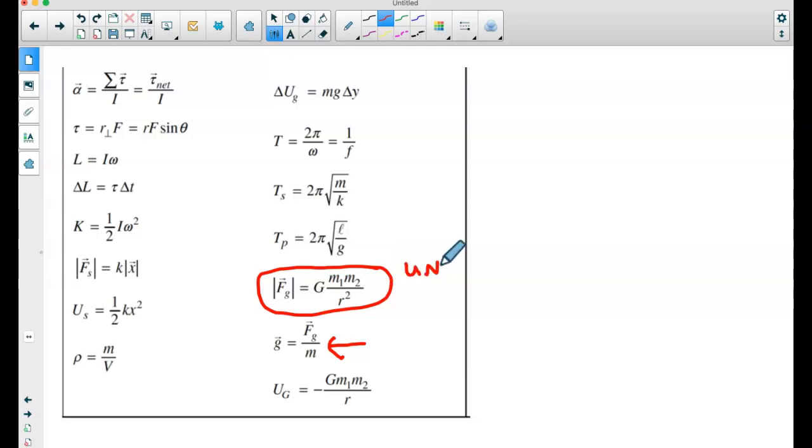This formula is called the law of universal gravitation, sometimes also called Newton's law of gravity. It's called that because it works everywhere in the universe, whereas the version we've been using only works near the surface of the Earth.